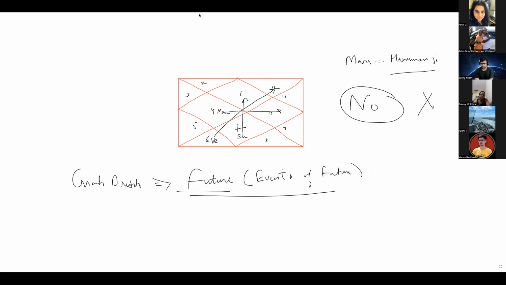Because it is a contract that has been signed before you were even born, when your lagna was decided, when the time of birth was decided, when your kundli was decided. At that time, a contract was signed between two planets that they will take care of each other. That's Parivartan.